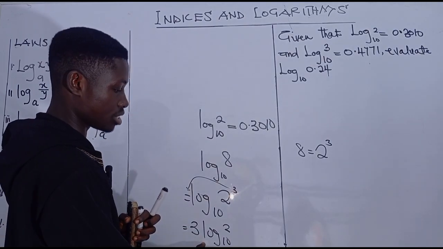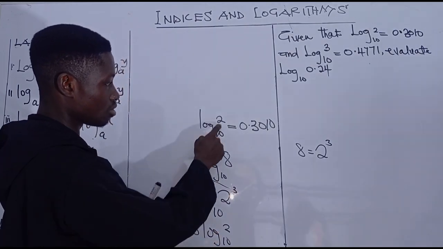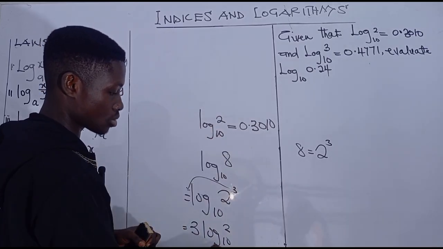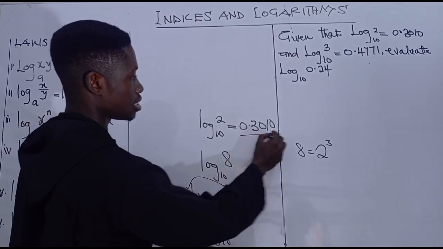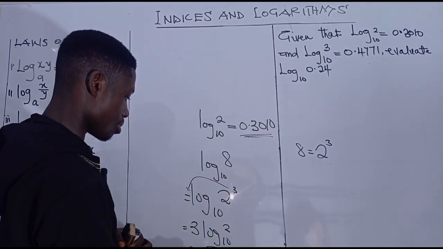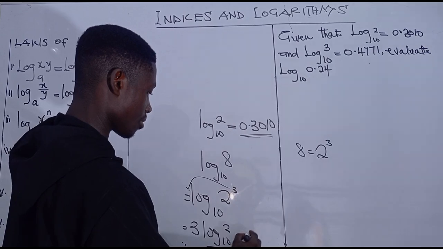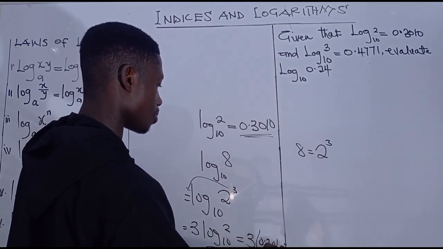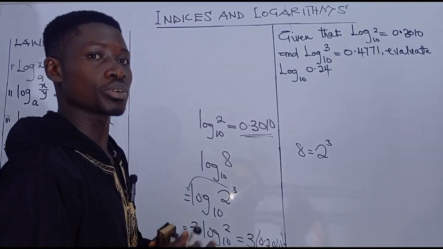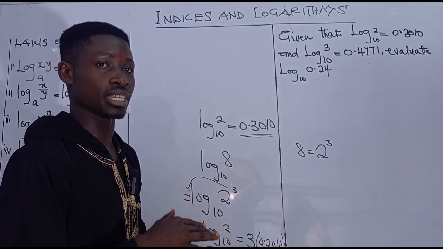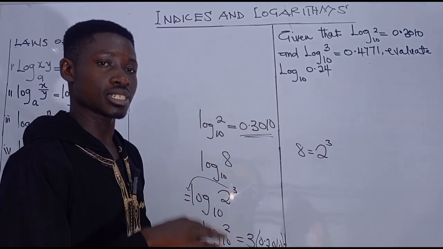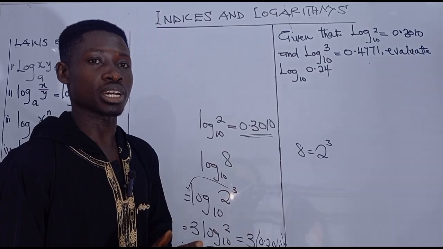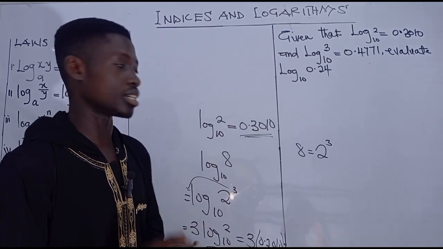At this point, you realize that we have log of 2 to the base of 10, so in place of it, we are going to substitute the whole of this. So you have 3 multiplying 0.3010. So this is what we will be doing in this very lesson, substitution. Let's look at our first example to see how best we can approach questions of this nature.